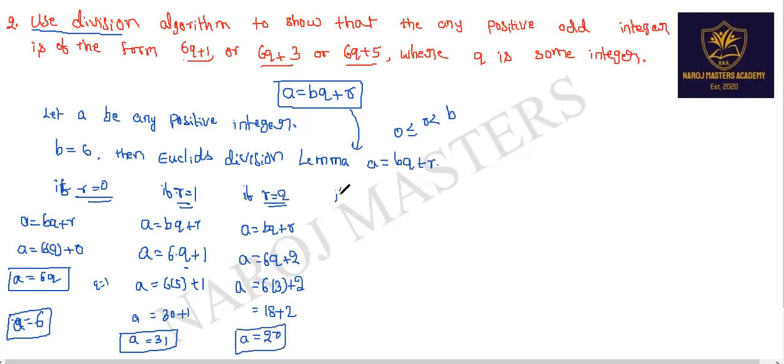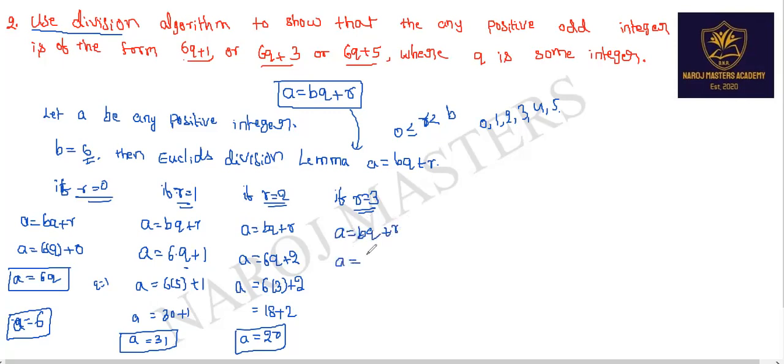And if r is equal to 3, so the maximum value of r is 0, 1, 2, 3, 4, up to 5 only, not greater than 5. Why? Because r is less than b. We know the value of b here, b is 6. So if r is equal to 3, again substitute in this equation, a is equal to bq plus r.